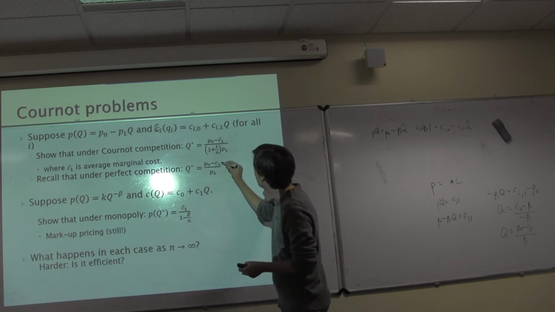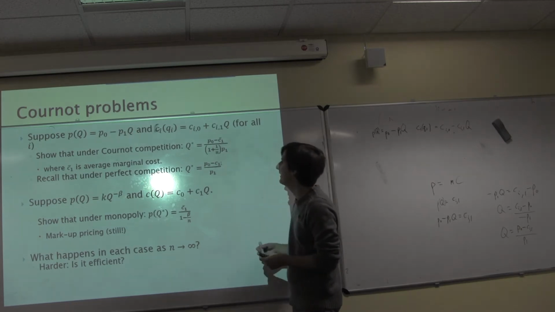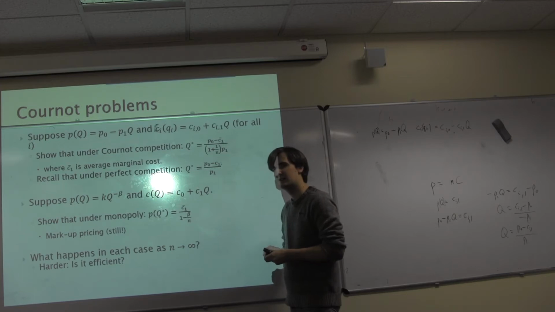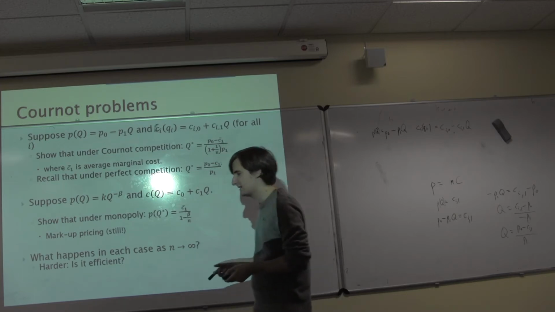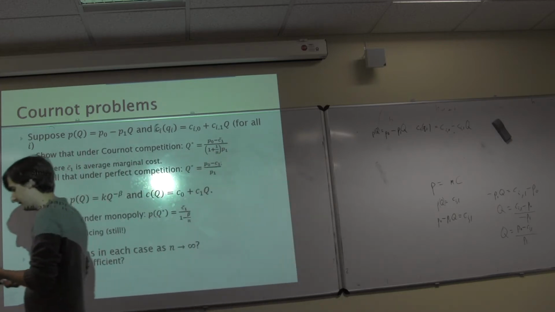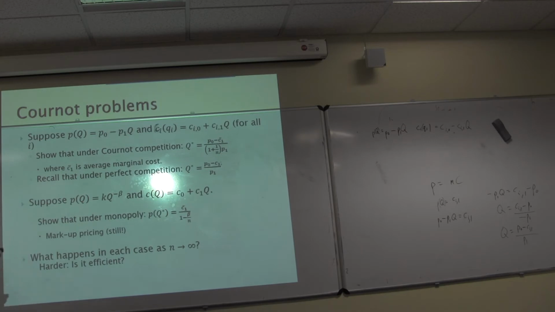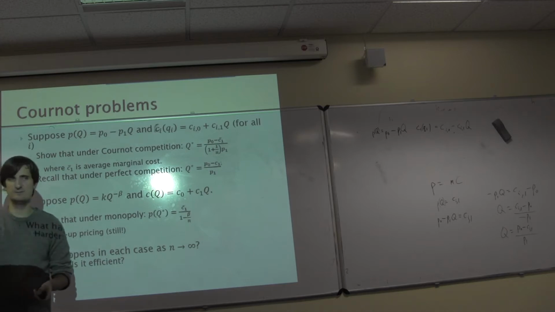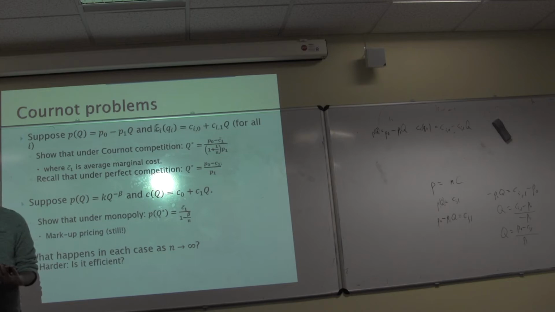There's no i subscript on the slide, and the reason is because perfect competition doesn't really make sense when firms have different marginal costs. If firms have different marginal costs and you've got perfect competition, the ones with high marginal costs just leave the market.